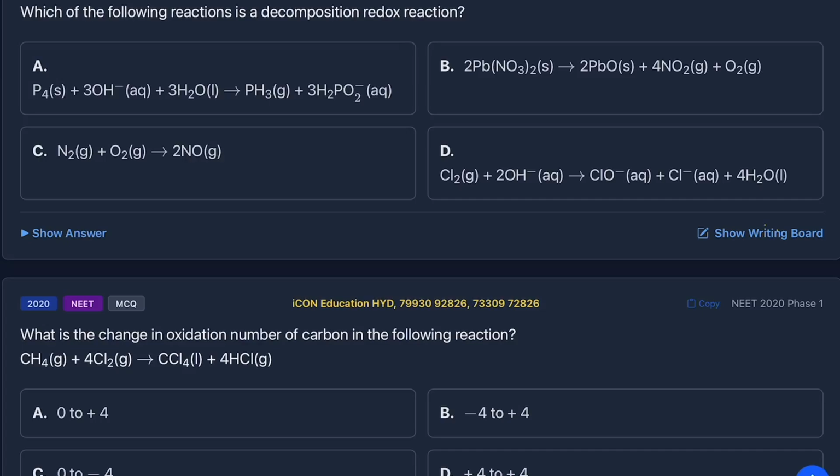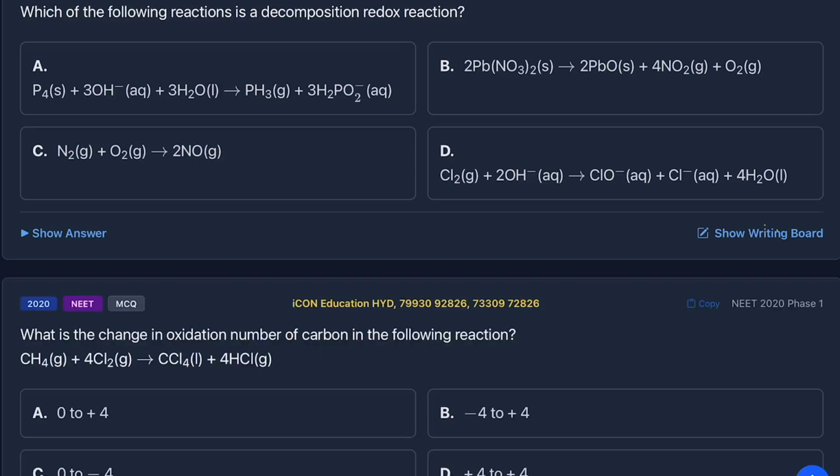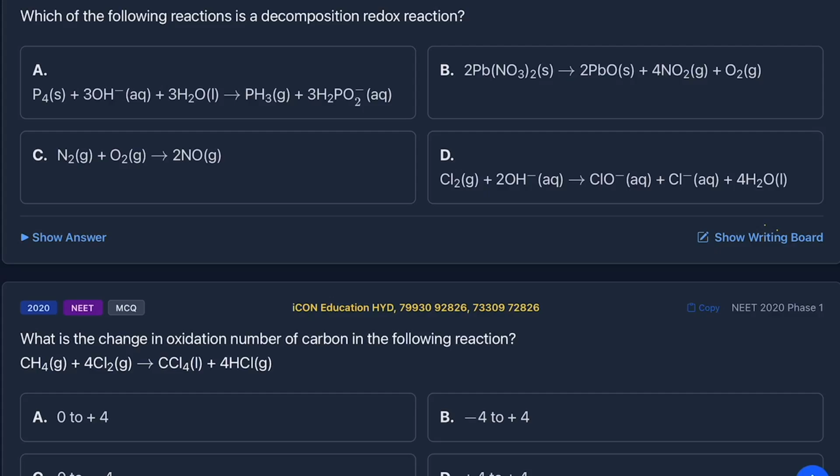So we can check the explanation to see which reaction is our decomposition redox reaction. In the first option, P4 plus 3OH- plus 3H2O gives PH3 plus H2PO2-. This reaction is called a disproportionation reaction. Why?